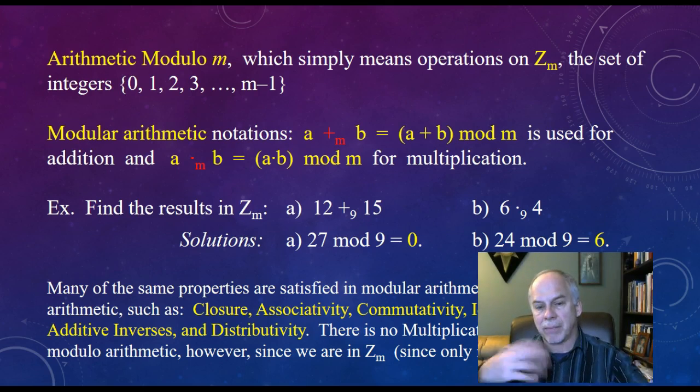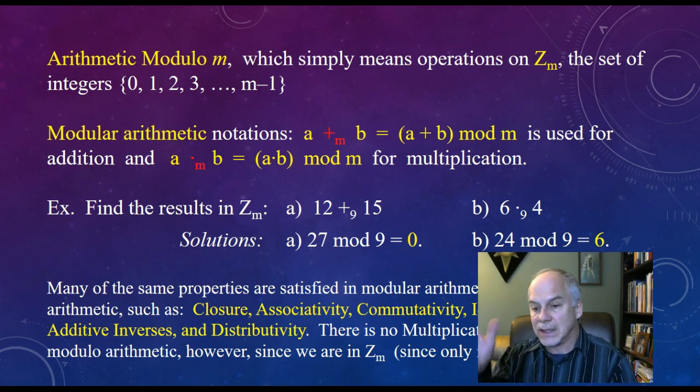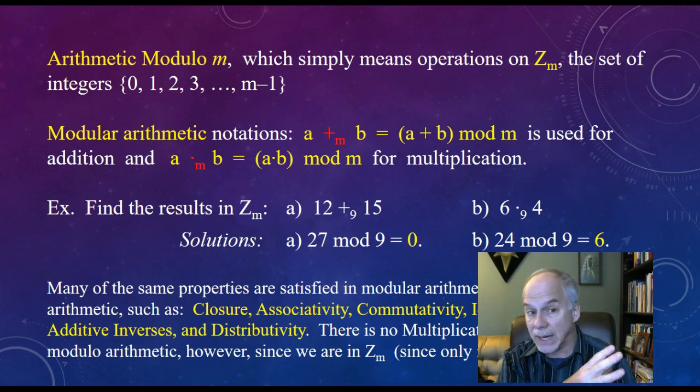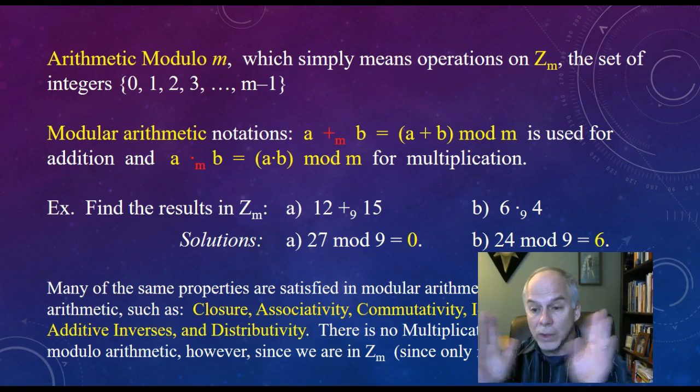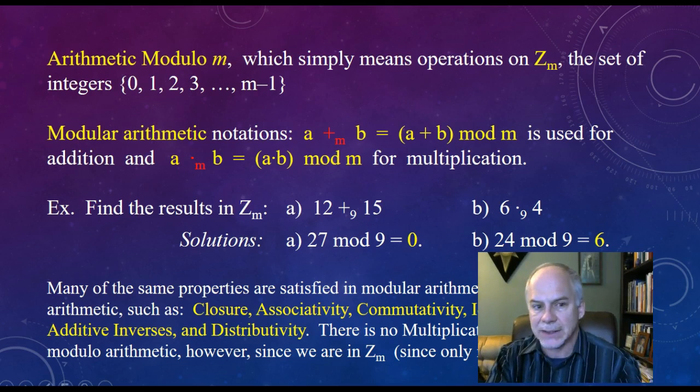Okay, if you're operating in mod 29, then it would be 0, 1, 2, 3, 4, all the way up to 28. All right, so those are the only integers that are allowed in this type of arithmetic.